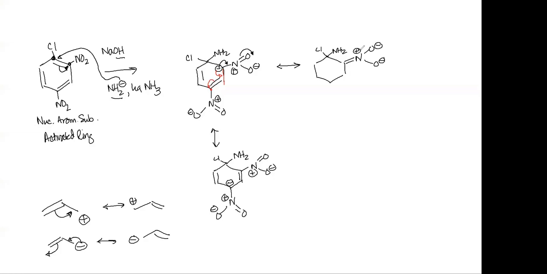The nitrogen still has a positive 1 charge. I'm just going to write that as an NO2 group. So that's a second resonance structure off the top one. And then down here, I can do the same thing by taking this pair of electrons, moving it to form a CN double bond, and then moving the pair of electrons on the oxygen. So I can write a second resonance structure over here.